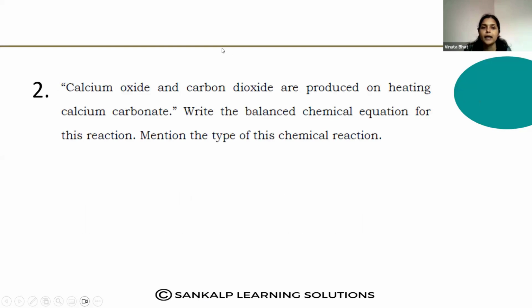Next question. Calcium oxide and carbon dioxide are produced on heating calcium carbonate. Write the balanced chemical equation for the reaction. Mention the type of this chemical reaction. Here first you have to write calcium carbonate, that is CaCO3.